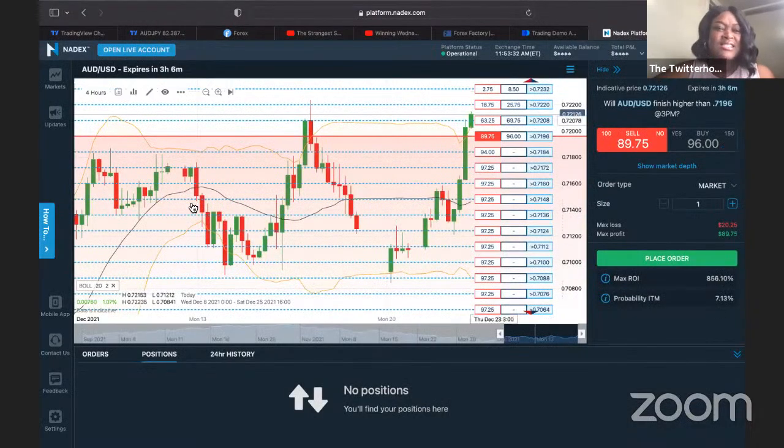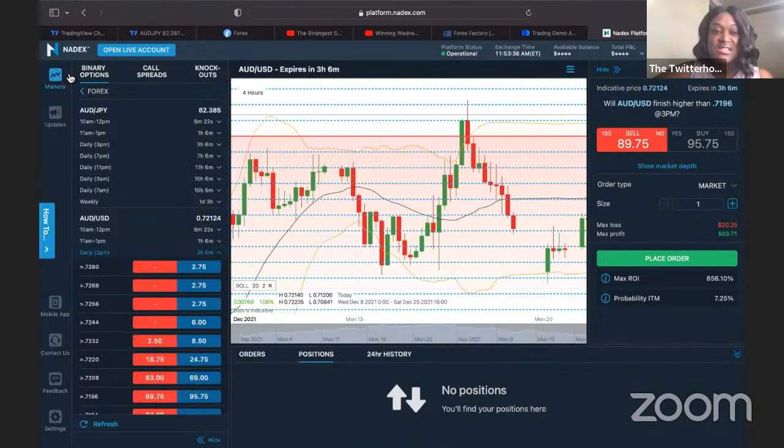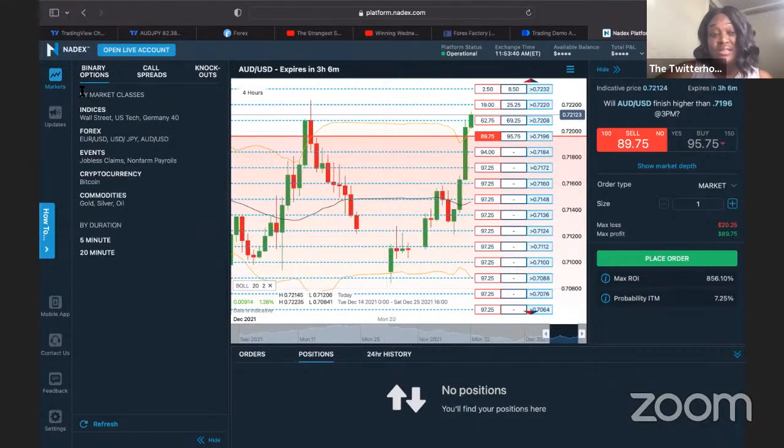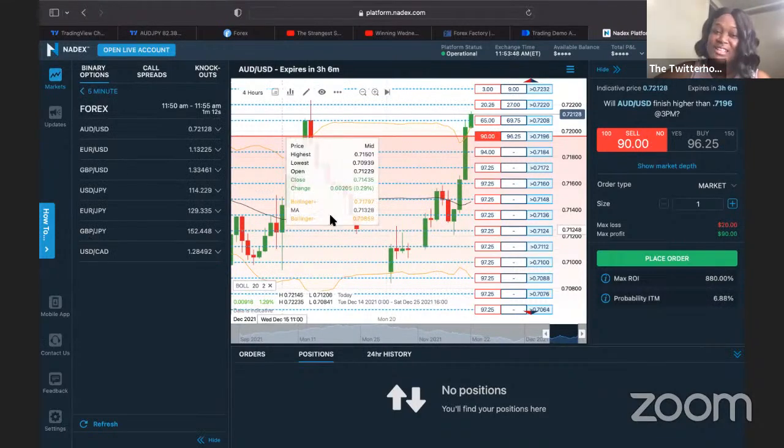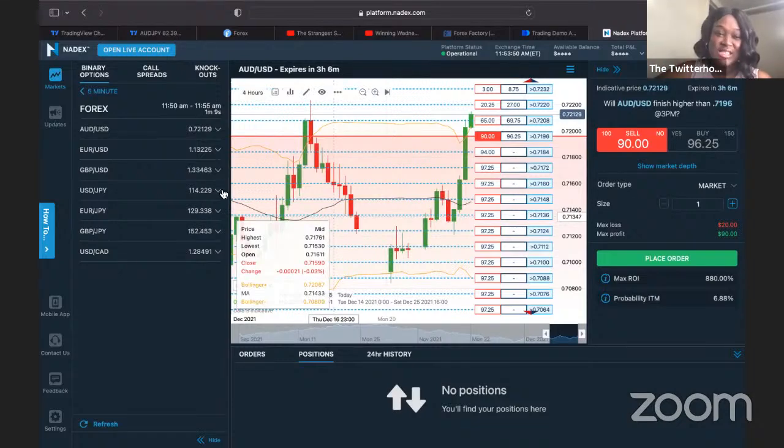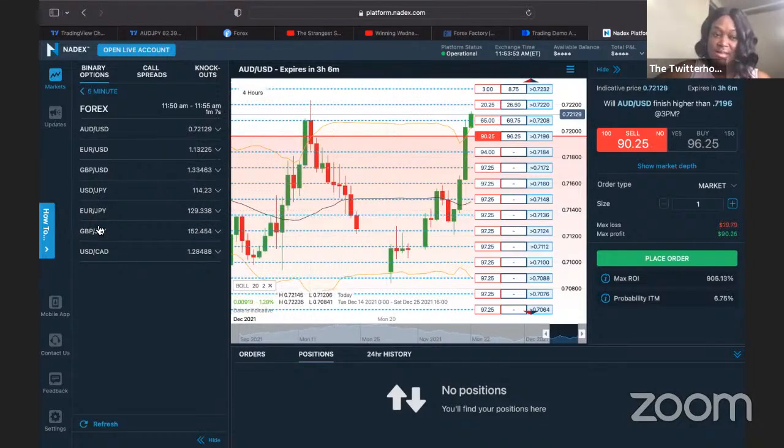But yeah, I know I showed you this longer time frame, but with NADEX you can also do 5-minute or 20-minute positions, right? So let's look at the 5-minute. I know most people are into 5-minute trades. So here are the options.